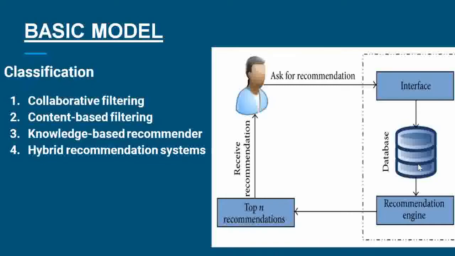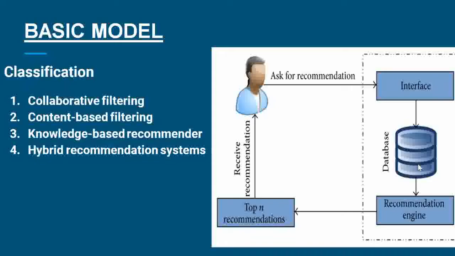Now when we talk about the classification of recommender systems, it is broadly categorized into four categories. That is, first one, collaborative filtering, second, content based filtering, third, knowledge based recommender, then fourth, hybrid recommendation system. So collaborative filtering evaluates the relevance of an item for a user based on the opinion of the members of a community. Second one is content based filtering.